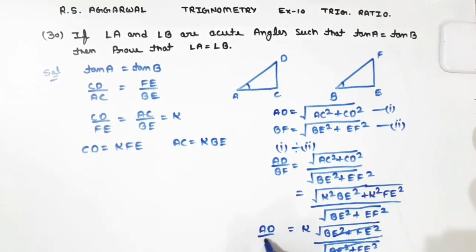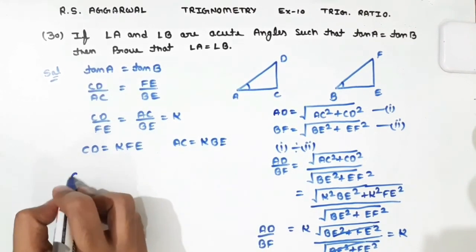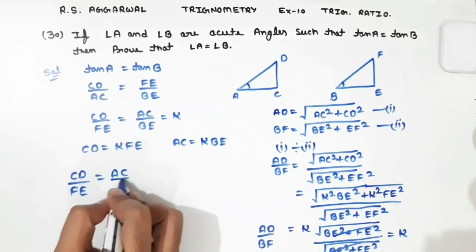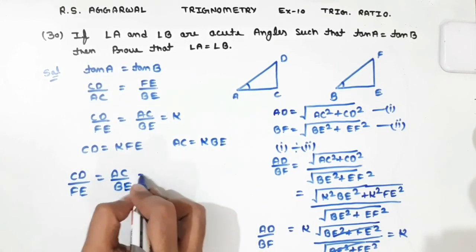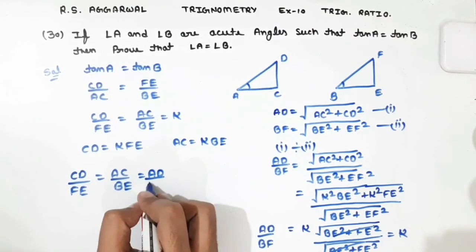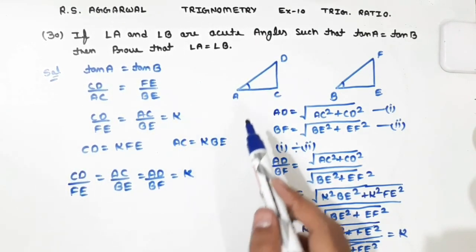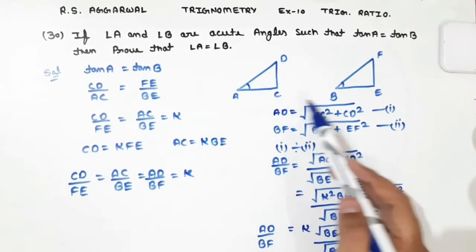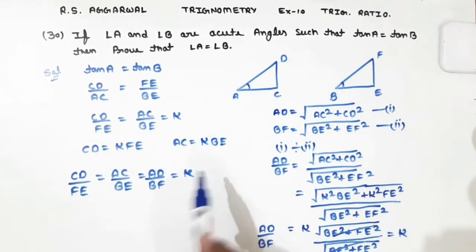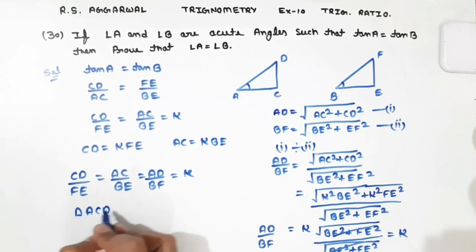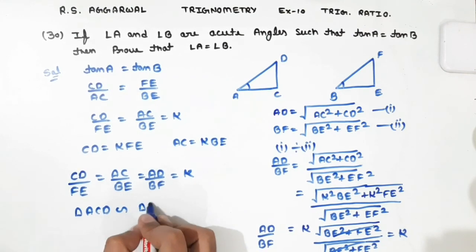So AD upon BF will be equal to K. So from here CD upon FE equals AC upon BE equals AD upon BF equals K. So the ratio of corresponding sides of these two triangles is the same, that is K. So triangle ACD will be similar to triangle BEF.